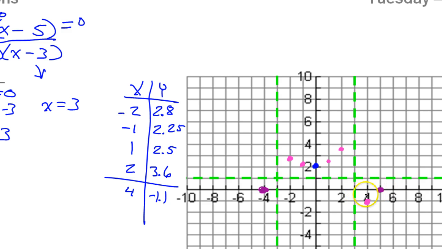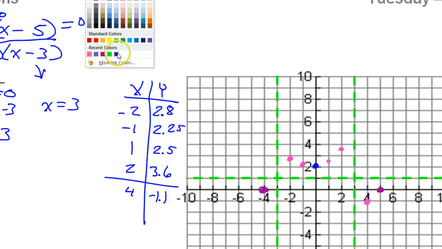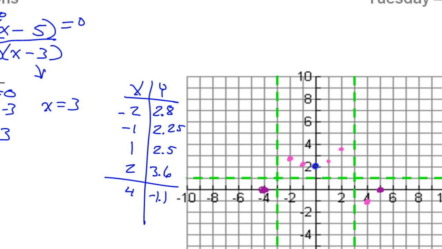That should be enough information to show us what's going on. Obviously, it's curving towards the asymptotes like this. So let's graph this thing. It's doing something like this, and curving toward the asymptote.